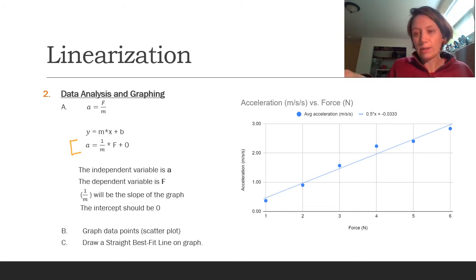So I'm expecting a linear trend line, and I also had it print the equation out as the label for the trend line, which is super useful in this application, because this equation right here is actually going to be the thing that gives me the value of that slope that I'm looking for. So I've got my acceleration on the y-axis, force on the x-axis, all my data points, and as we are predicting, the slope on the graph is actually going to be equal to 1 over m, and that's why this equation is going to be really useful.